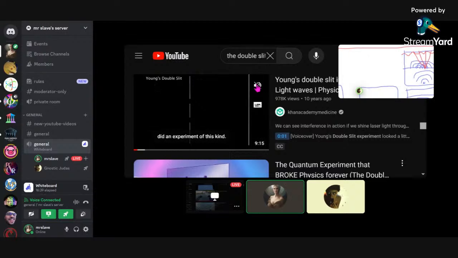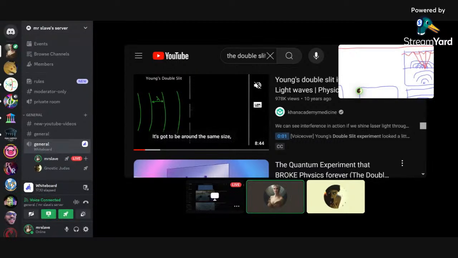That's how they verified that, since we know how water waves behave, and all waves behave the same way: when waves go through slits, we get an interference pattern between the two waves that come out of the two slits. It's just something that waves do. It's no big deal. So the question was, is light a wave or is light particles?